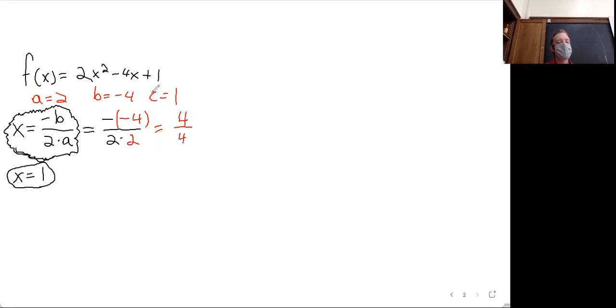So now we're ready to take this X value and plug it in for both of our X's here so that we can find our Y value. Because we're going to have Y equals our whole equation.